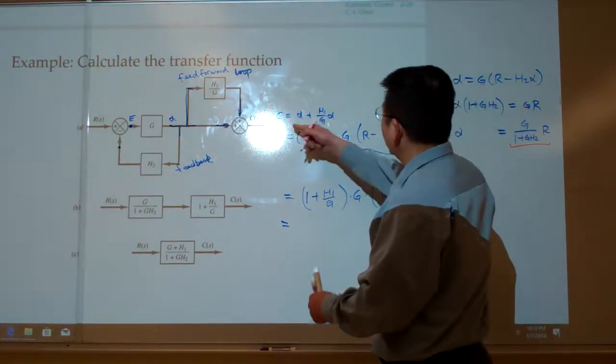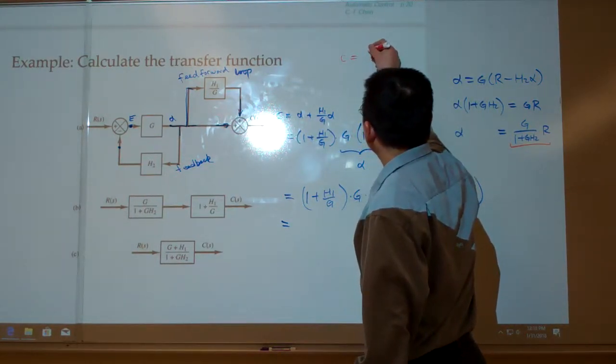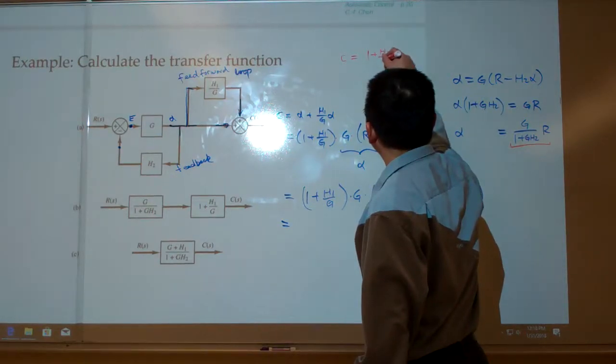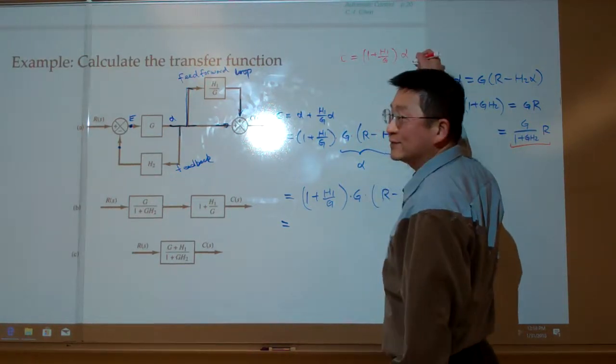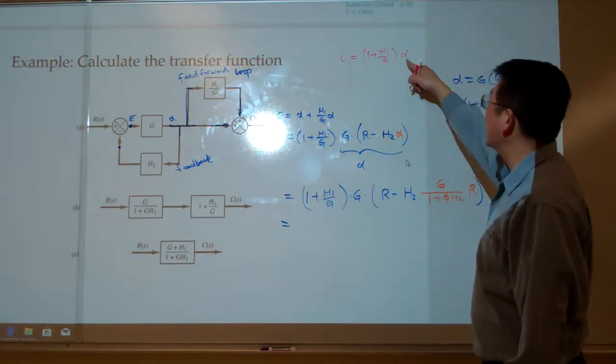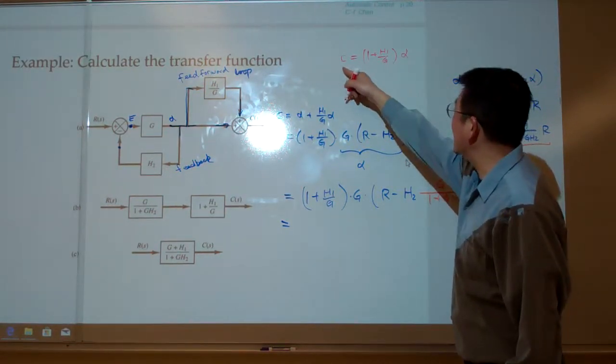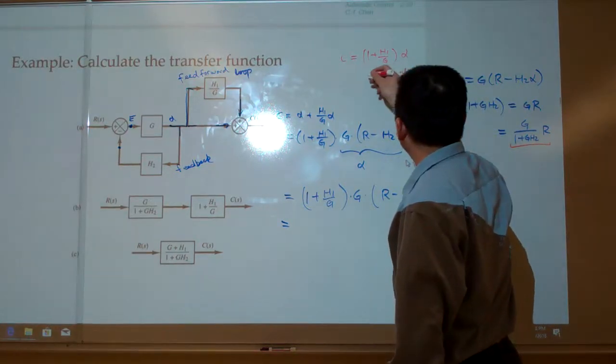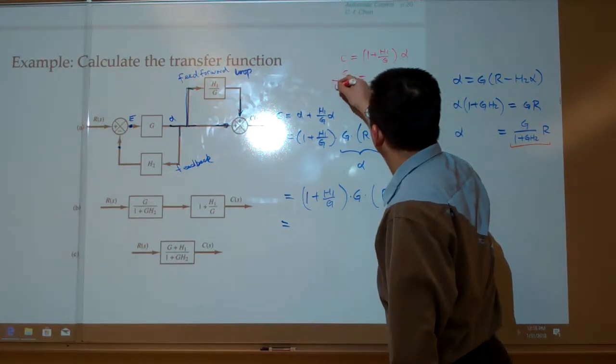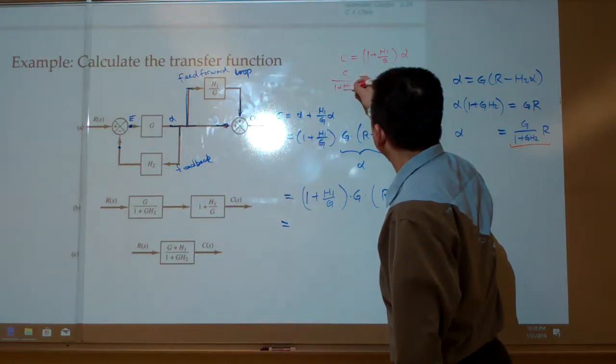So you're saying that from this equation, C equals 1 plus H1G times alpha, right? Yes, of course, if you like, you can also replace alpha in terms of C. That means alpha equals C over 1 plus H1G.